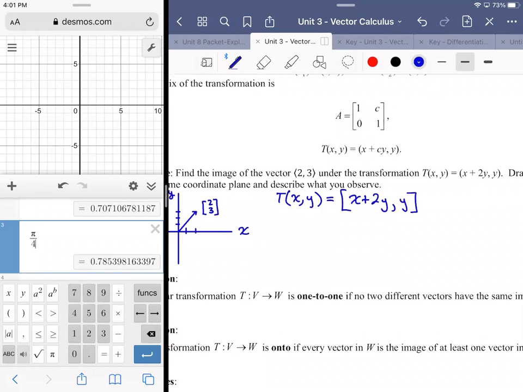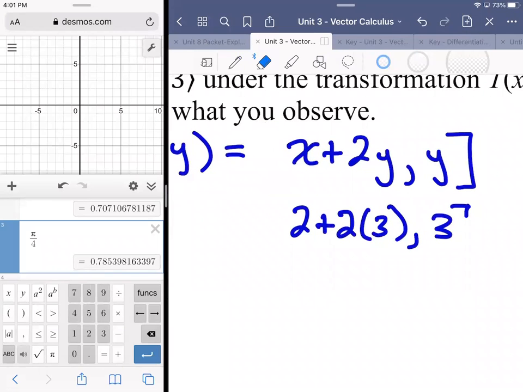Now we can do this manually. I'll show you manually first, I guess. So (2 + 2 times 3, 3). I don't know why I went square brackets on this. It's weird. It's been a long semester.